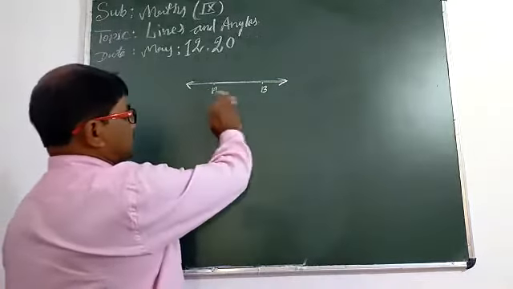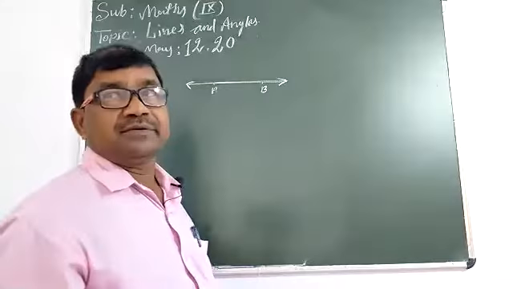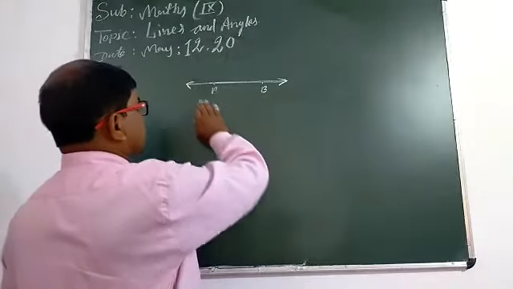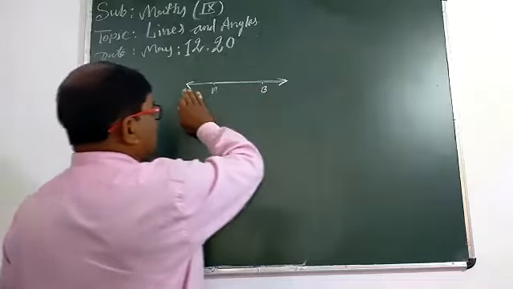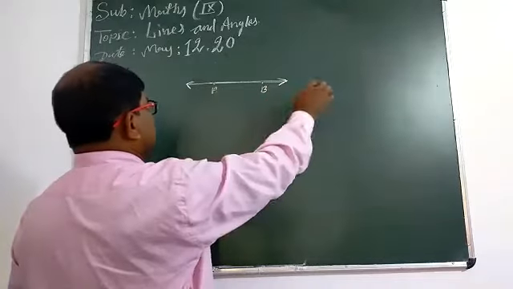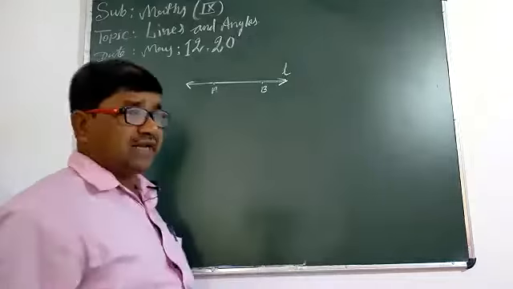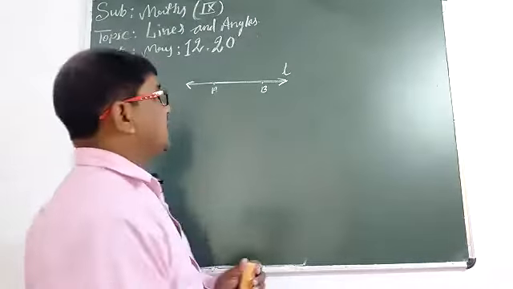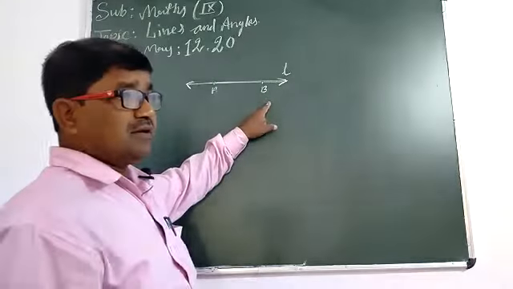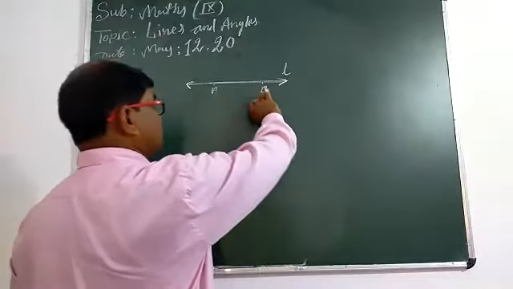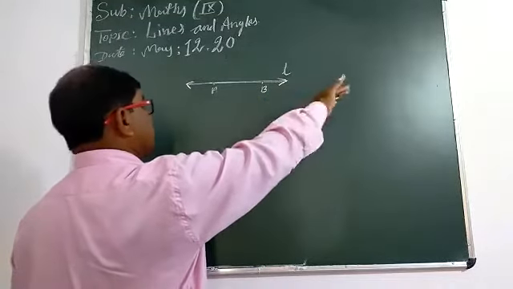Students, suppose that these are two points on the plane. After joining these two, we have drawn a straight line. Suppose that its name is L. So L is a line, because we can produce it in both directions.